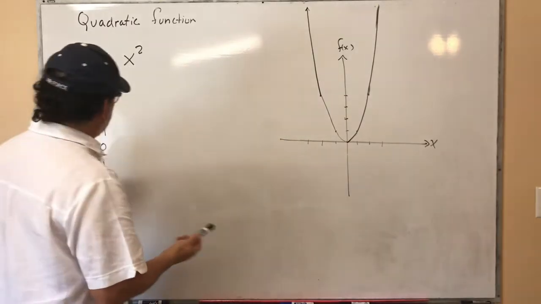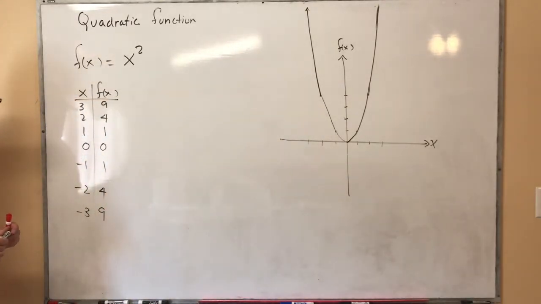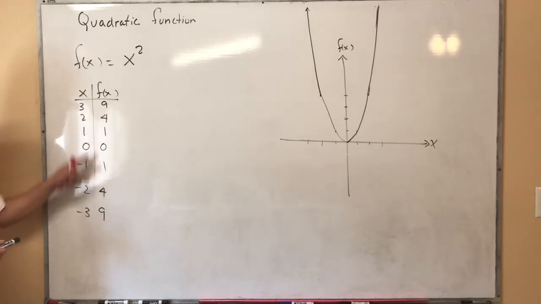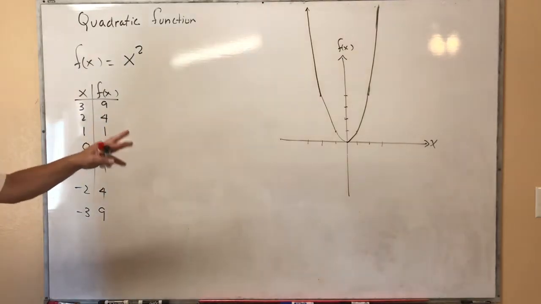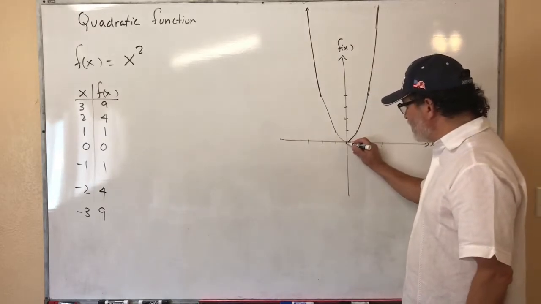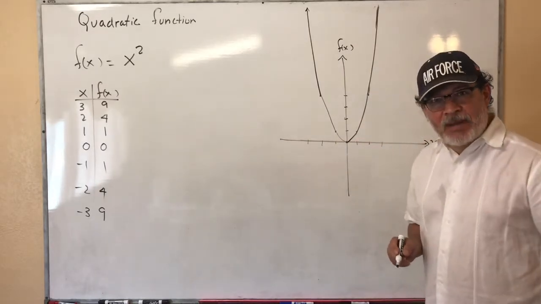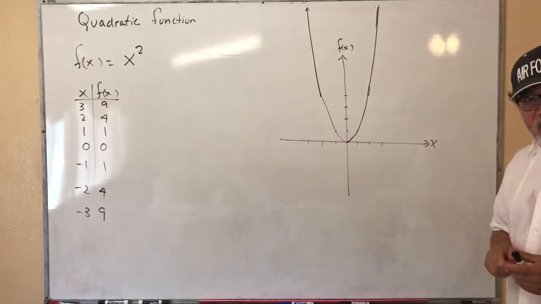It's a function. And here is the table. It does not get any easier than this. By the way, this right here is the minimum. The minimum point, we call it the vertex.